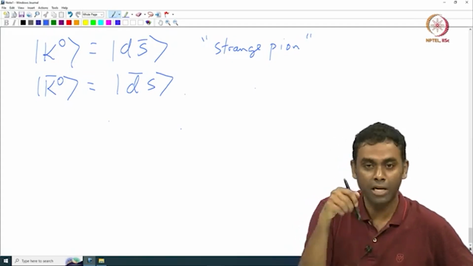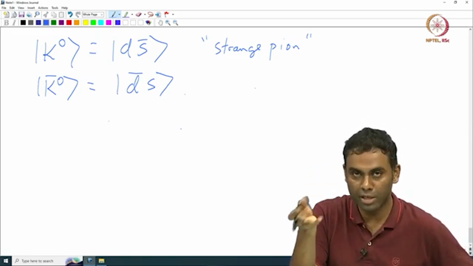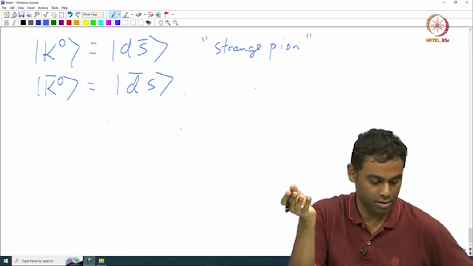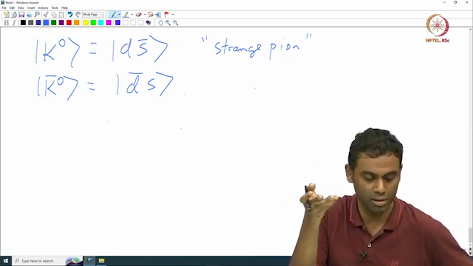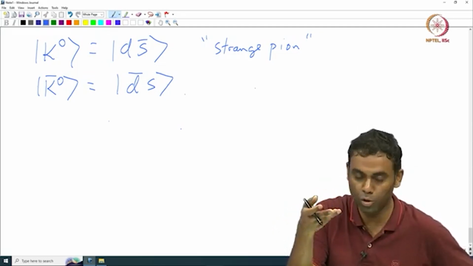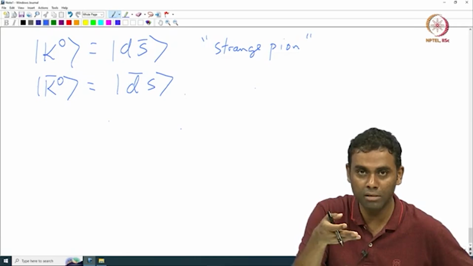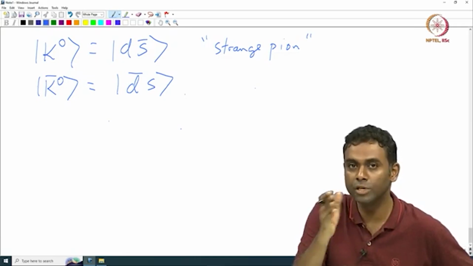Now, if you just look at the left hand side, these two quantum states have the same electric charge, right, and then everything else about them is the same, right. They have the same spin as well, right, and they are both mesons. So there is nothing that really stops them from interchanging into each other, right.